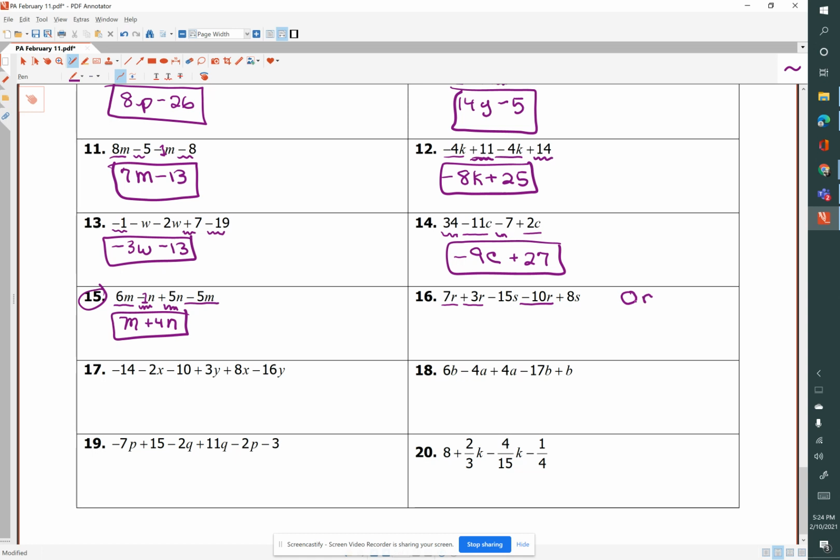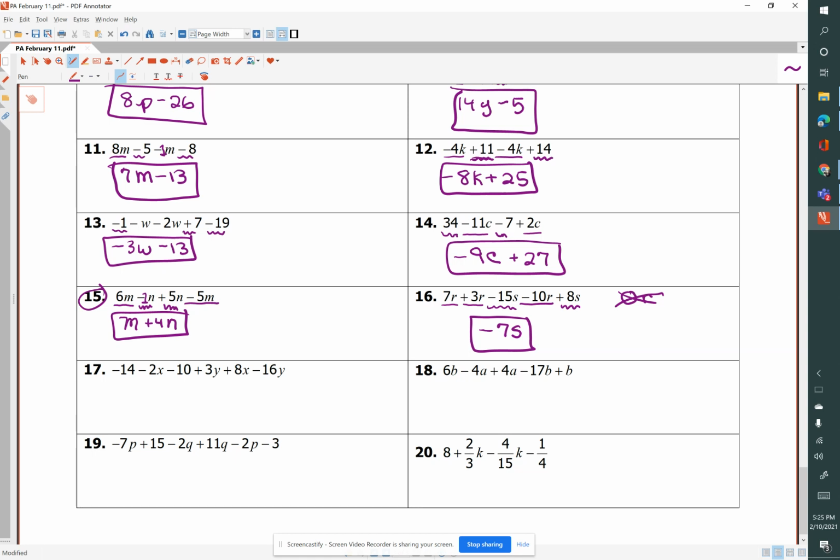Well, we don't write 0r. We just leave it out. So we don't have to write anything yet. And we've got negative 15s plus 8s, which would be negative 7s. And that's the entire answer.